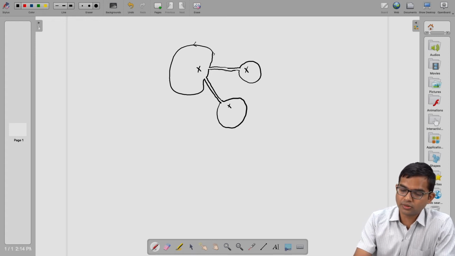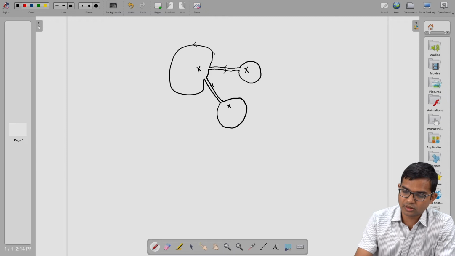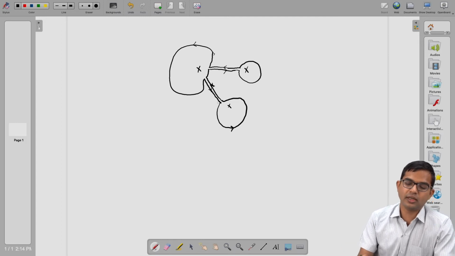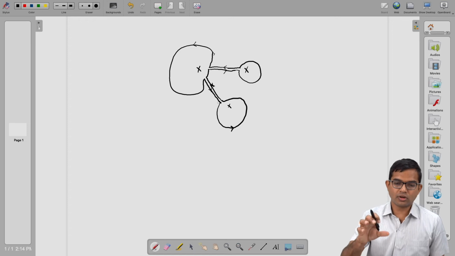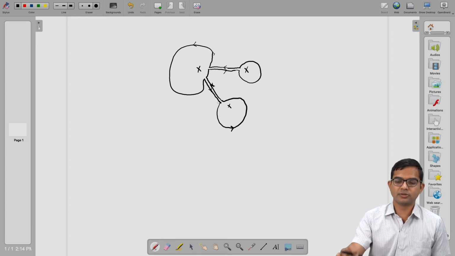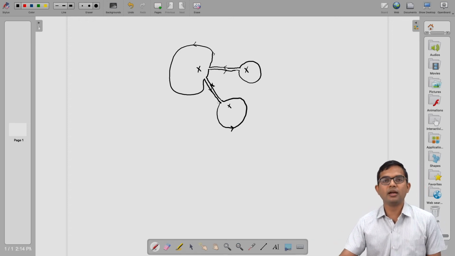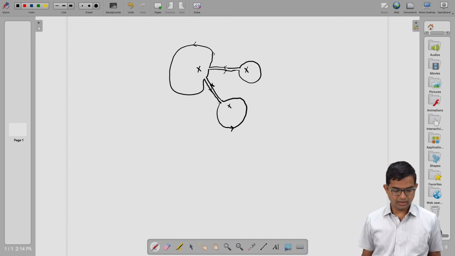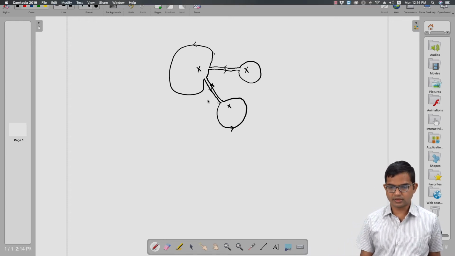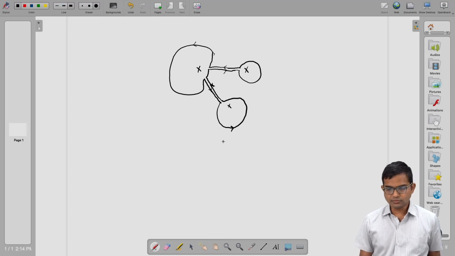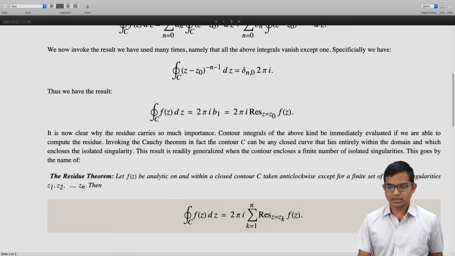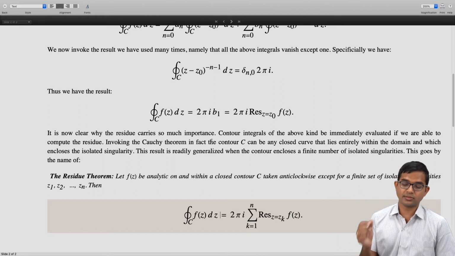You can argue that the contour integrals along these connecting paths will cancel each other out, since along one direction and the opposite direction they run oppositely. So you're left with just the contour integral around each singularity, and each of these separately, by the residue theorem, is 2 pi i times the residue at that point.